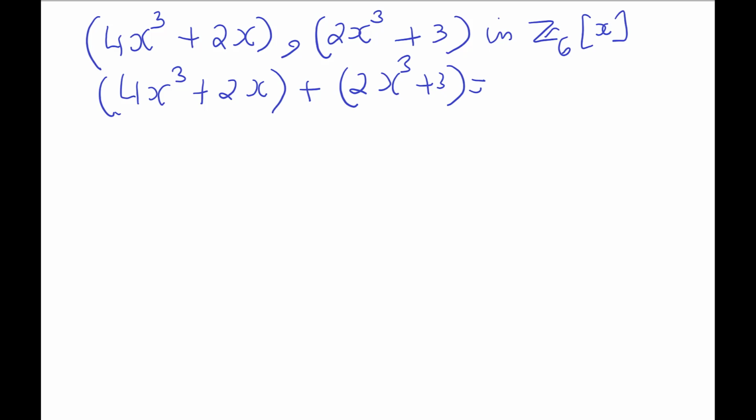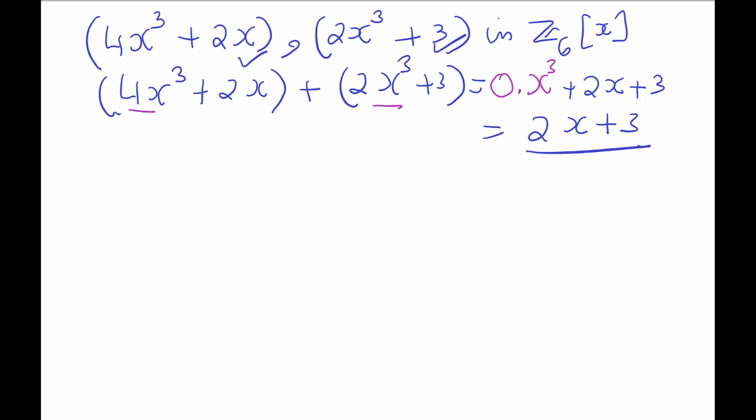Adding them, the x cubes give 6, and 6 modulo 6 is 0, so that becomes 0x cubed. 2x is just by itself, and there is only one constant. So these two will add up to 2x plus 3.